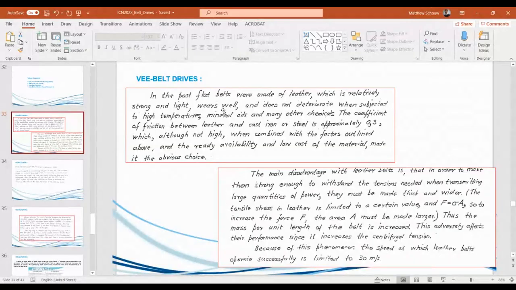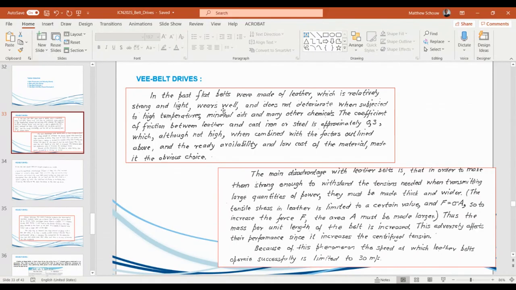Of course, 0.3 is not a particularly high coefficient of friction, but in comparison to all the other traits, it's a good cost-effective belt to transmit power.